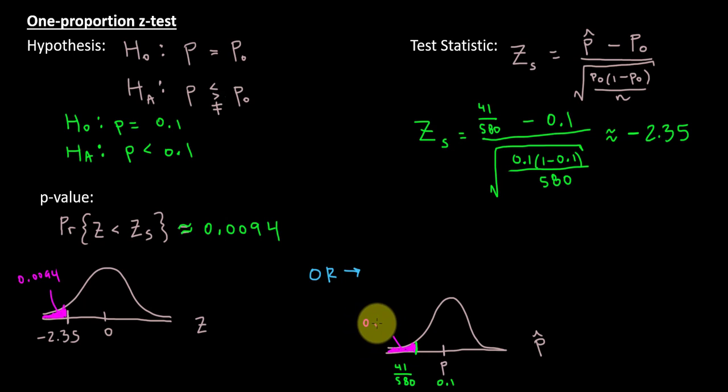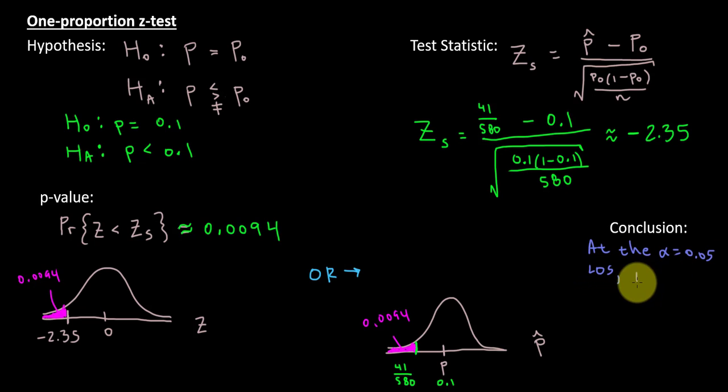Okay, so we are ready to state our conclusion. At the alpha 0.05 level of significance, we see that the p-value, 0.009-ish, is less than that significance level.